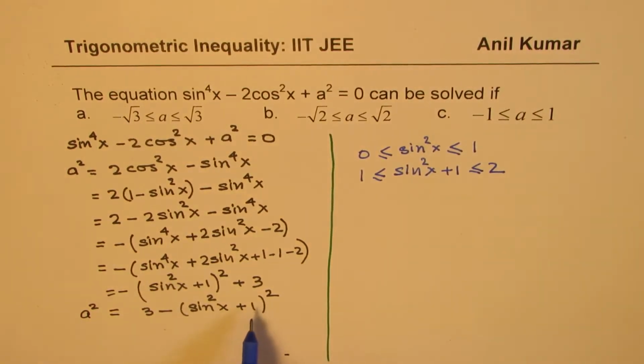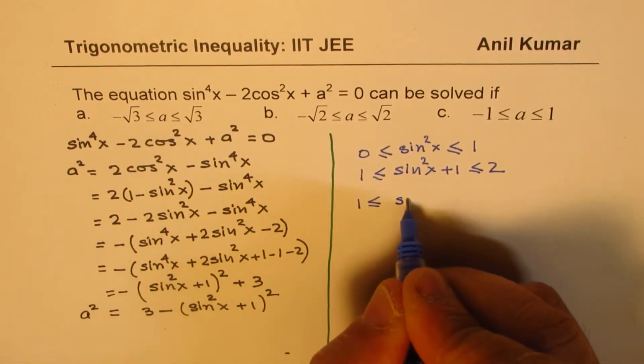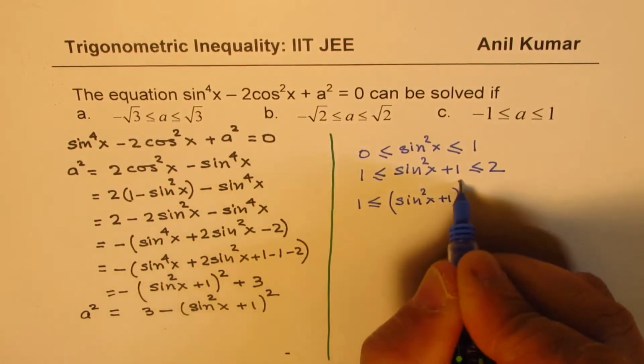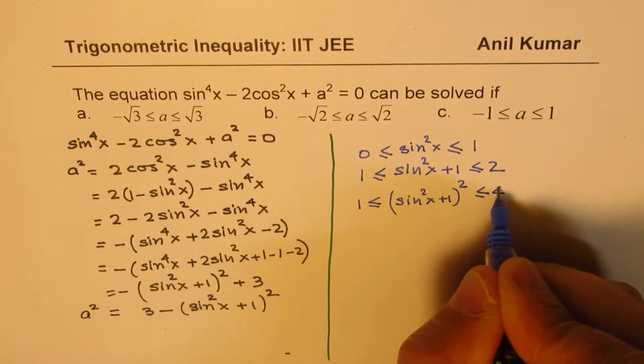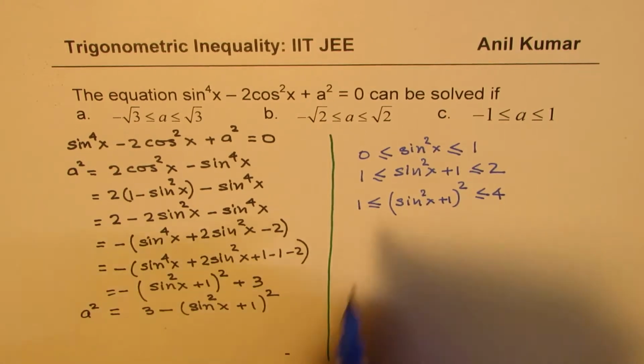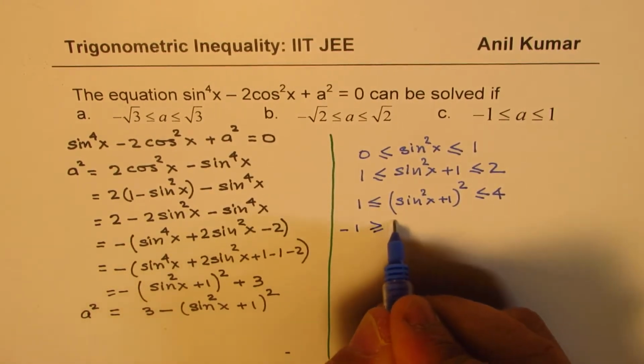Now we need to square, right? So we'll square all the terms. We get sine square x plus 1 whole square is less than or equal to 4, right? Now we have to do negatives. Whenever you do negative, the signs will also change, right? So we have negative, the signs will change.